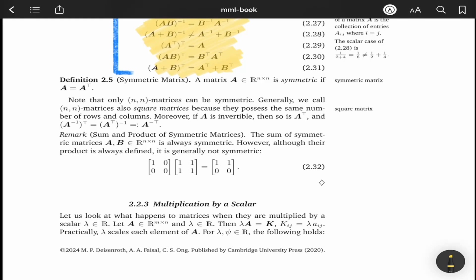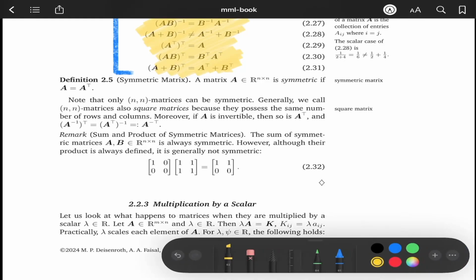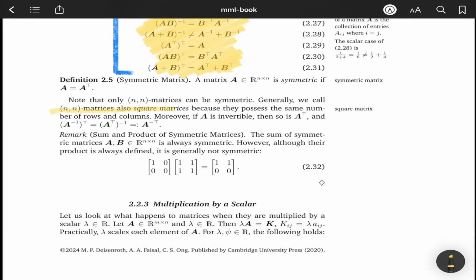So it has to be a rectangular shape. Generally, we call n times n matrices also square matrices because they possess the same numbers of rows and columns. I guess rectangle is more than a square, right? Yeah, of course.